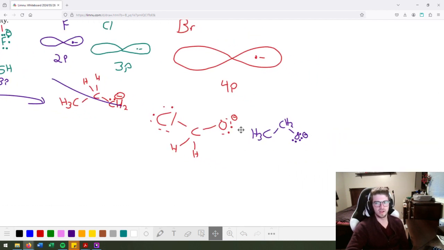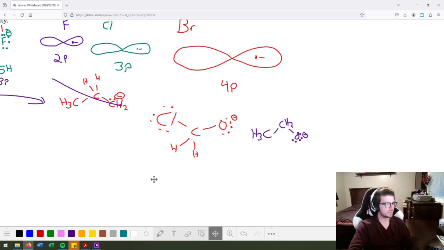Between these two, again, there's no resonance stabilization anywhere. If we formed a double bond between the oxygen and the carbon, we'd have to kick off one of the others, and then we don't have a resonance structure. So the only thing we can appeal to between these is that the ethoxide has a methyl group attached to a CH2, and the chloromethoxide has chlorine attached, which is significantly more electronegative, and it's going to have a slight inductive withdrawing effect on the negative charge here.